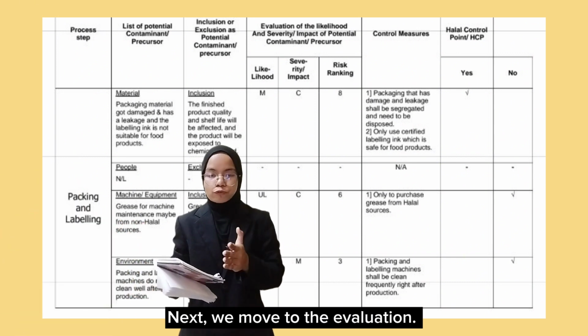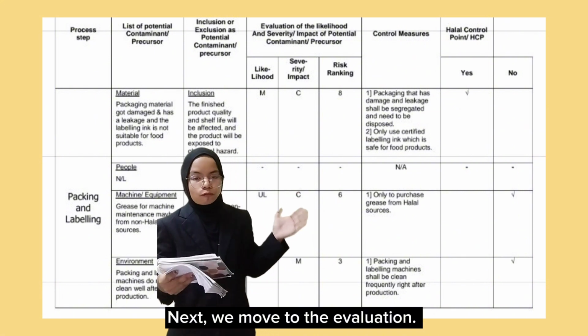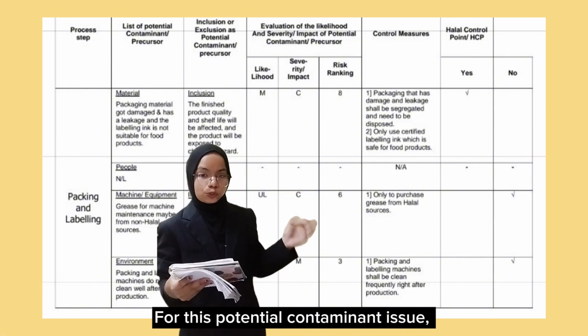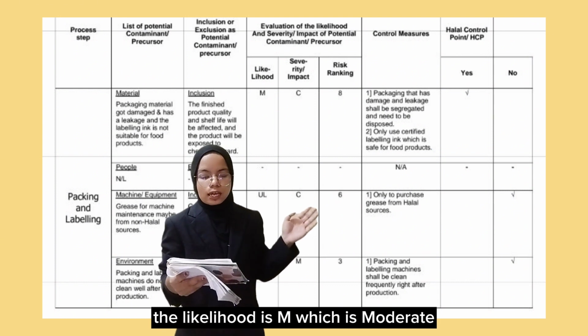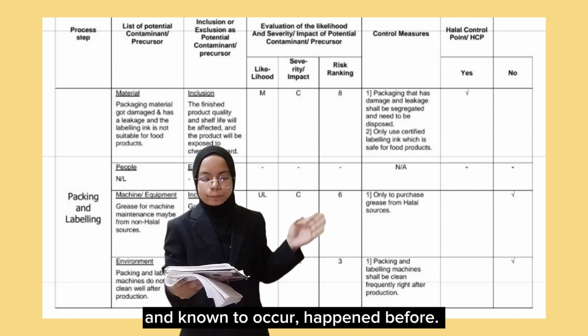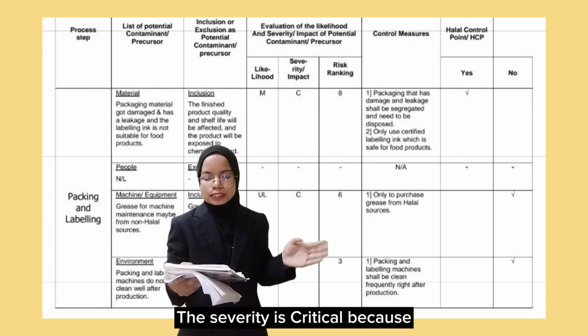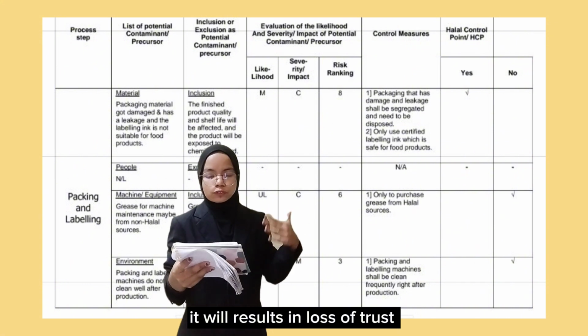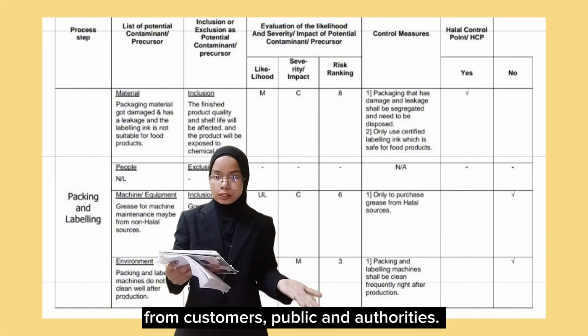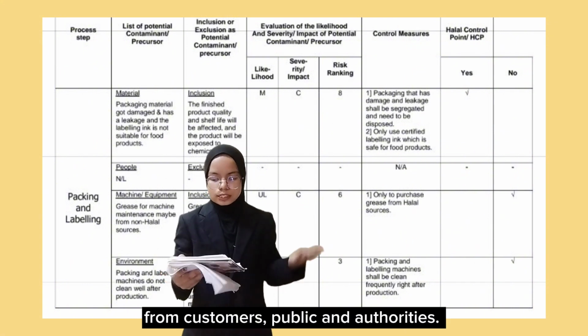Next, we move to the evaluation. For this potential contaminant issue, the likelihood is M, which is moderate and known to occur, happened before. The severity is critical because it will result in loss of trust from customer, public, and authorities.